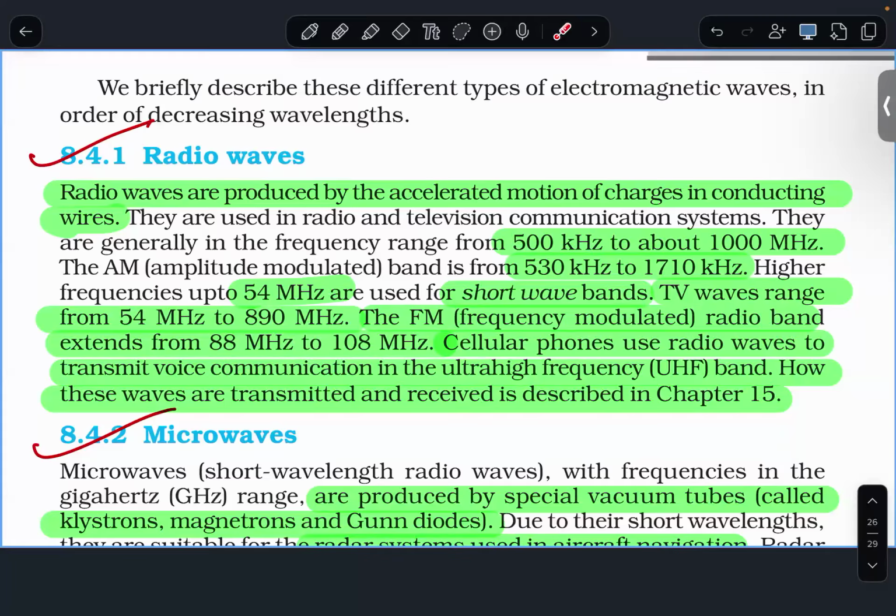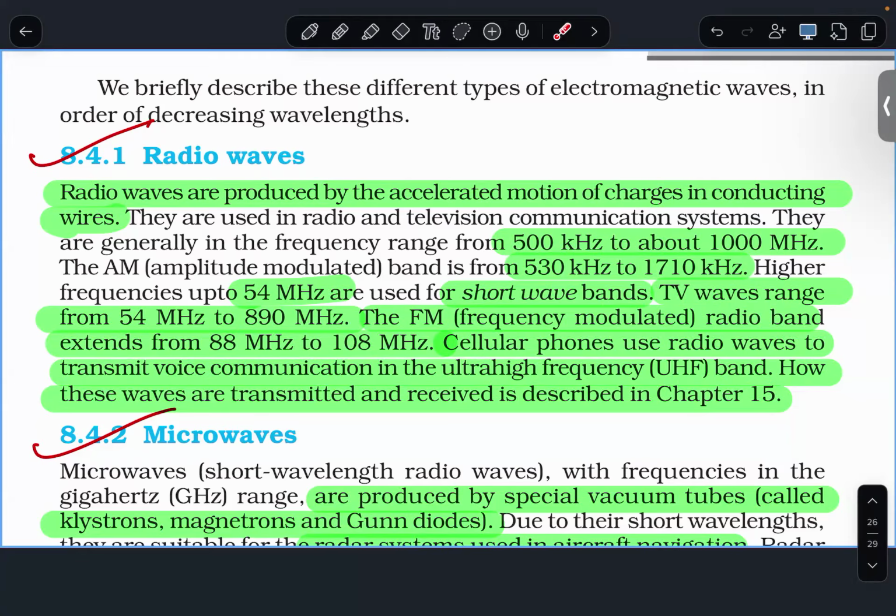Right. Radio waves are basically used for communication purposes, radio and television communication. The range of their frequencies is on the order of 500 kilohertz to about 1000 megahertz, AM stations to FM stations. The amplitude modulated band is of the order of, sometimes they will ask this question, options you need to match, 530 kilohertz to 710 kilohertz.